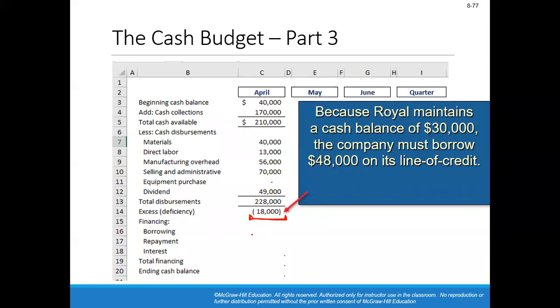Royal wants to maintain how much cash balance in each month? Royal wants to maintain a cash balance of 30,000. Now, if you want to have a cash balance of 30,000 and you have a deficit of 18,000, should you make repayment of a loan or make additional borrowing?